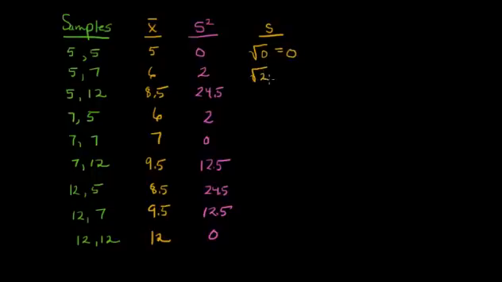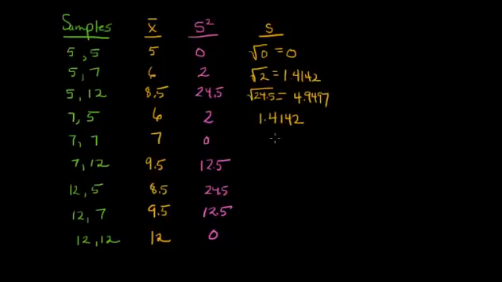And I'm going to carry these out, the ones that do go beyond the decimal place, to 4 decimals. The square root of 2 is 1.4142. The square root of 24.5 is 4.9497.